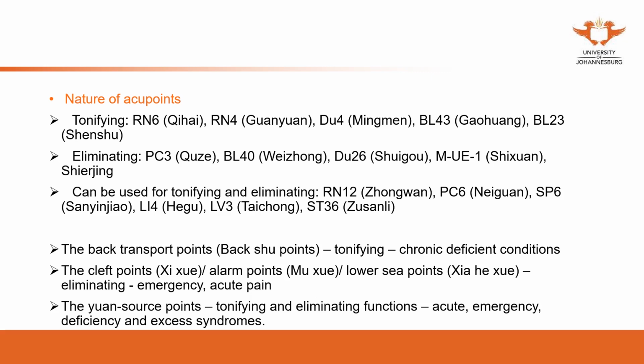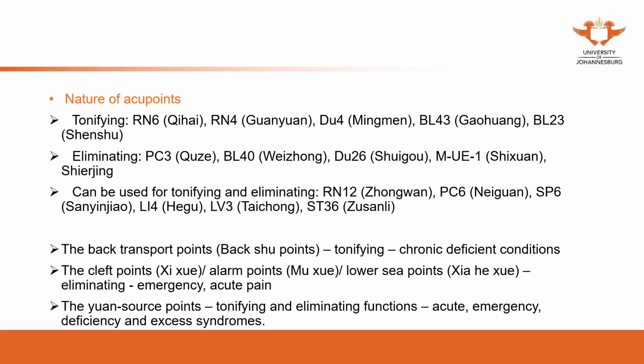A patient suffers from cough. A patient suffers from poor appetite or frequent urination. When you diagnose as lung deficiency, stomach deficiency, or kidney deficiency, no matter which organ, you can choose the points that are specific for that situation. For example, for a lung deficiency, you can choose the yuan source point of the lung.